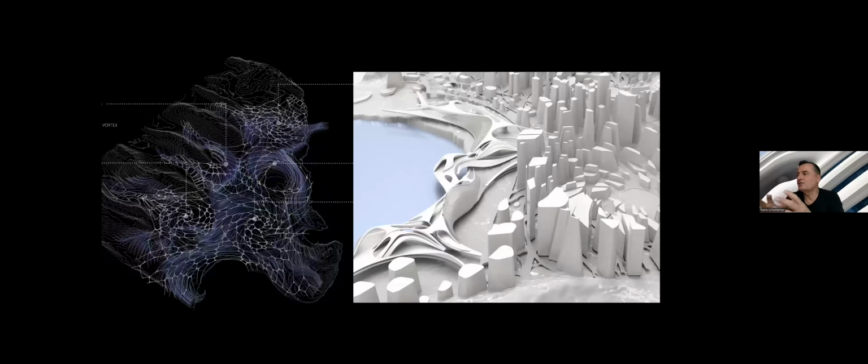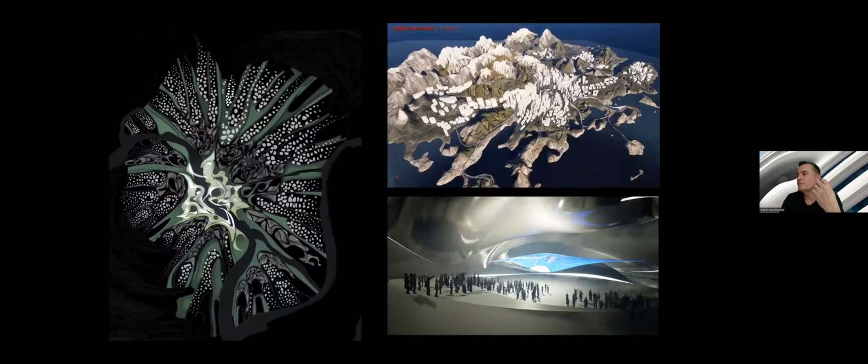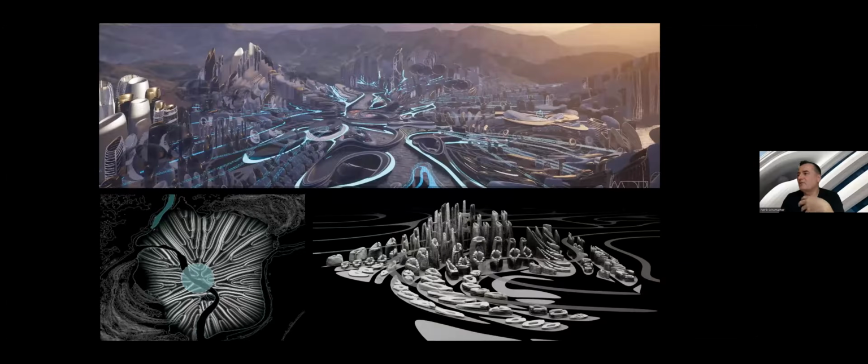So here's a number of sketches where we also do this for virtual cities and metaverses, and again trying to find patterns and means and mechanisms to build up complexity, but also maintain legibility in the face of this complexity. So just impressions of the results of some of these studies.